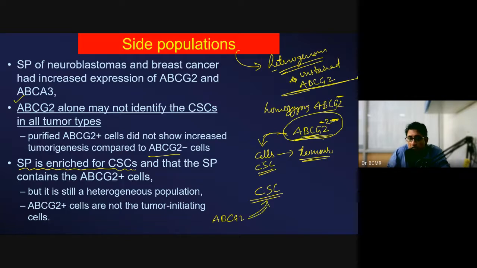Is it the cause? Is ABCG2 the cause for a consequence of a phenotype, something like cancer stem cell? That is what we are trying to discuss. And always, how we relate the causation, the relationship between cause and consequence.